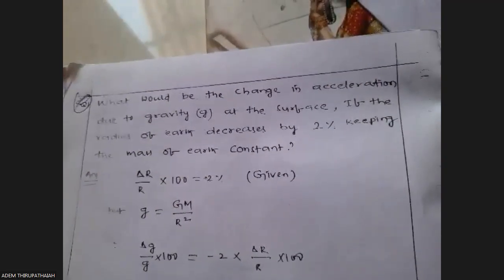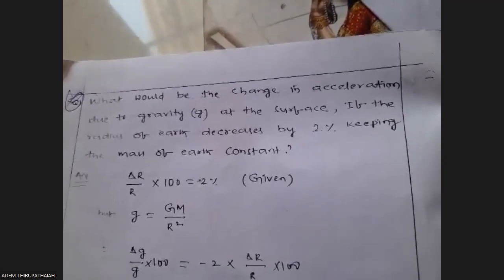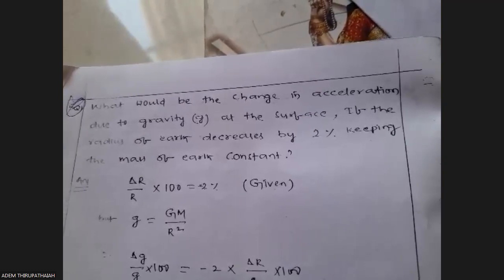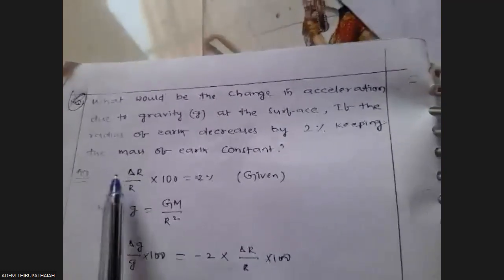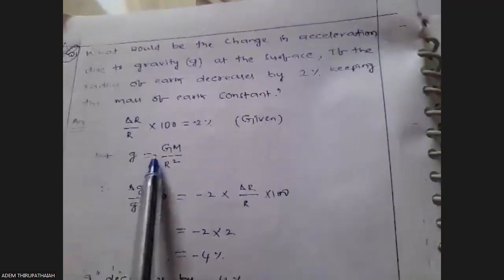What would be the change in acceleration due to gravity at the surface if the radius of the Earth decreases by 2%, keeping the mass of the Earth constant? Simply delta R by R into 100% is equal to 2%. Percentage. g is equal to GM by R square.